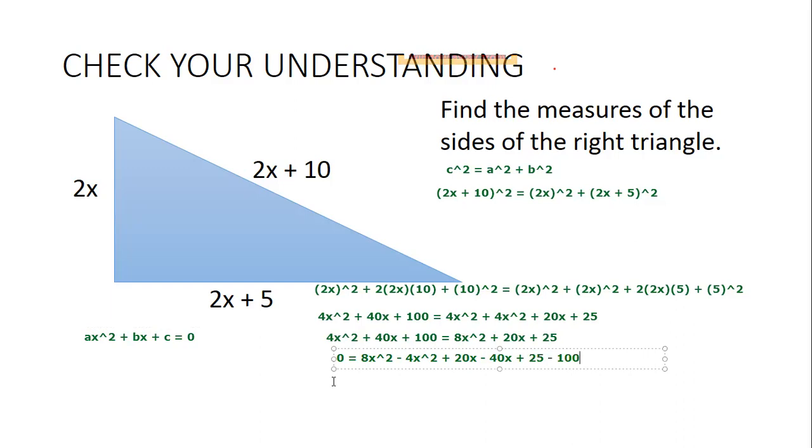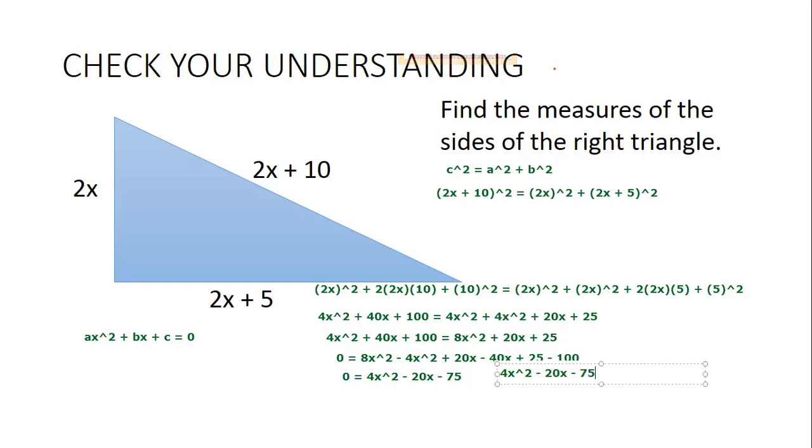This becomes 0 equals 4x squared, 20x minus 40x is negative 20x, then 25 minus 100 is minus 75. So 4x squared minus 20x minus 75.